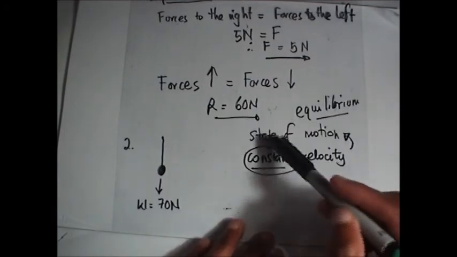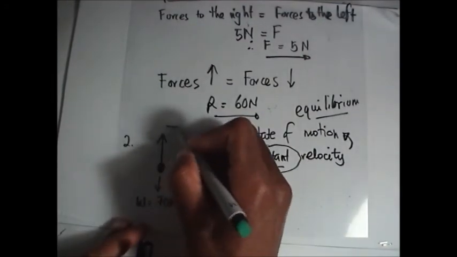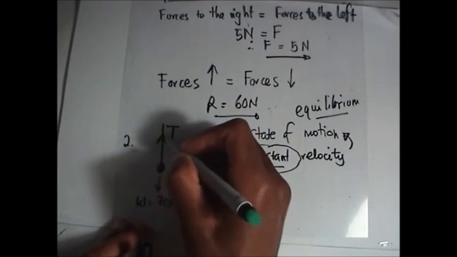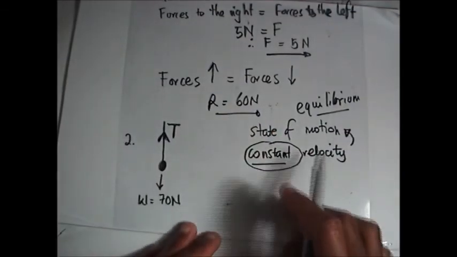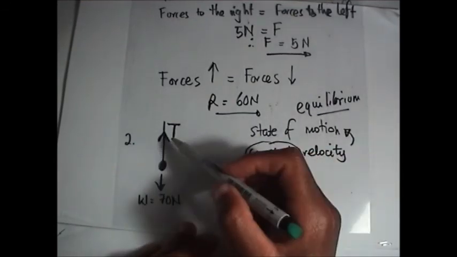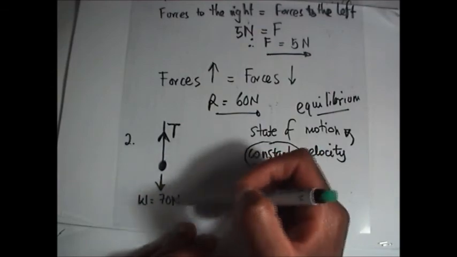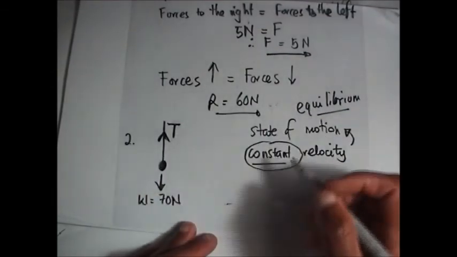State of motion is only maintained when what? When there is equilibrium. So which means the forces that are pulling up, we know that there's a string and our tension acts along the string. So the tension is the force that is pulling it up. The weight will always pull it down. So we know that since there's equilibrium, the forces pulling up are equal to the forces pulling down, for them to neutralize and maintain the state of motion.